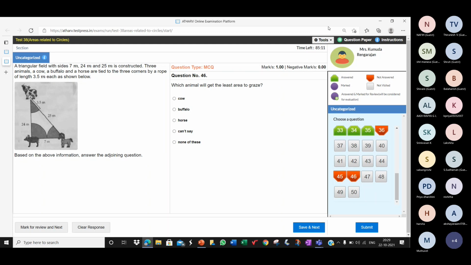Not able to answer? How to find the angle? How to find the angles? It's not possible to find the angles.